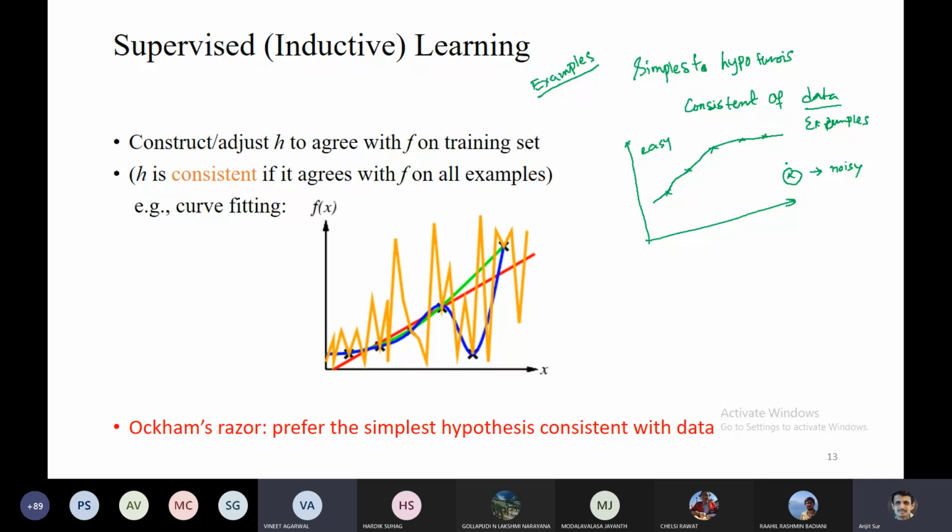The basic thing we generally do in this case is try to find a curve, linear or non-linear, that is consistent with the data but without losing the generality of the data distribution.